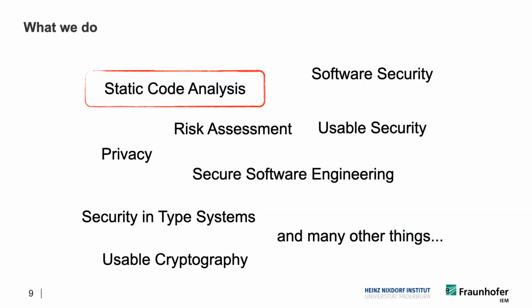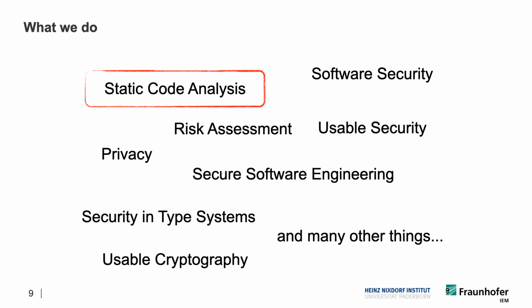And so what do we do in this research group? The point is static analysis is an important topic in this research group, but it's not everything that we do. We are generally interested in software engineering methodology. How do you design better software?